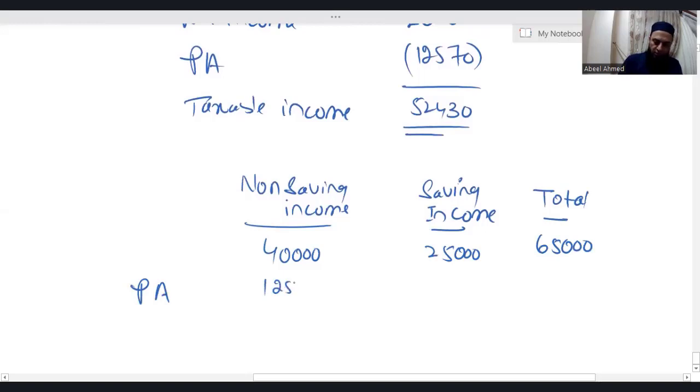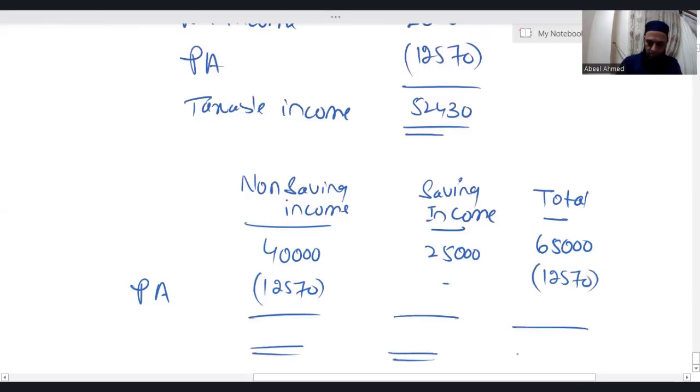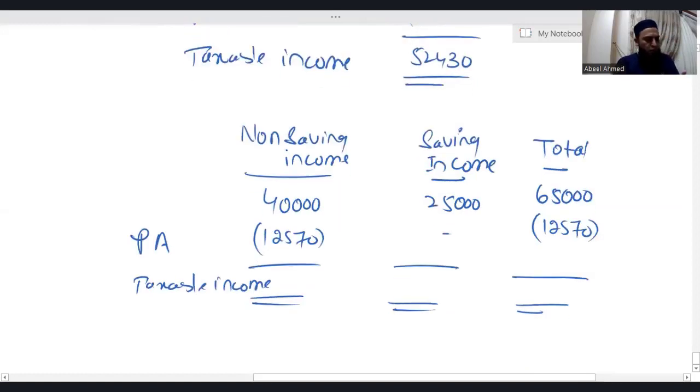Personal allowance is 12,570. Taxable income: 40,000 minus 12,570 gives us 27,430. Obviously, I'll get 52,430.